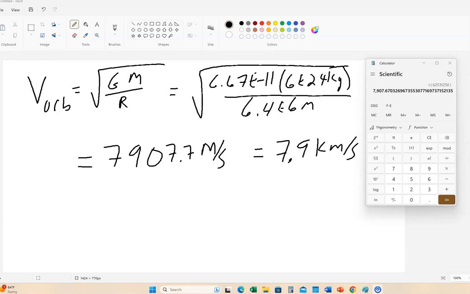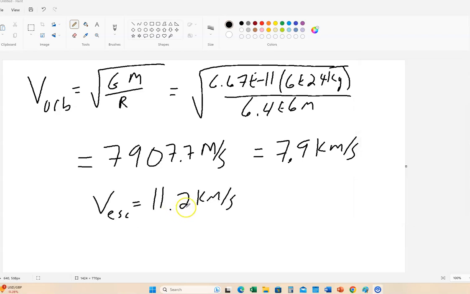That's like, for example, the speed at which satellites travel, including the International Space Station. As a reminder, I put down what we'd already calculated. The escape velocity in kilometers per second is 11.2. So the orbital speed is always less, because you don't have that factor of a square root of 2 in there. Anyhow, this is the escape velocity.